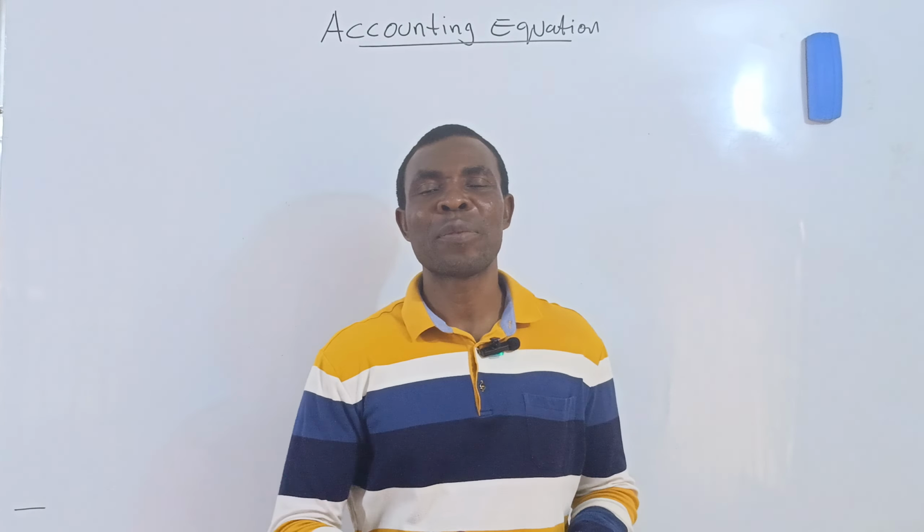While the examples of current liability include, number one, A, your trade payable. B, your accruals. C, your bank overdraft.